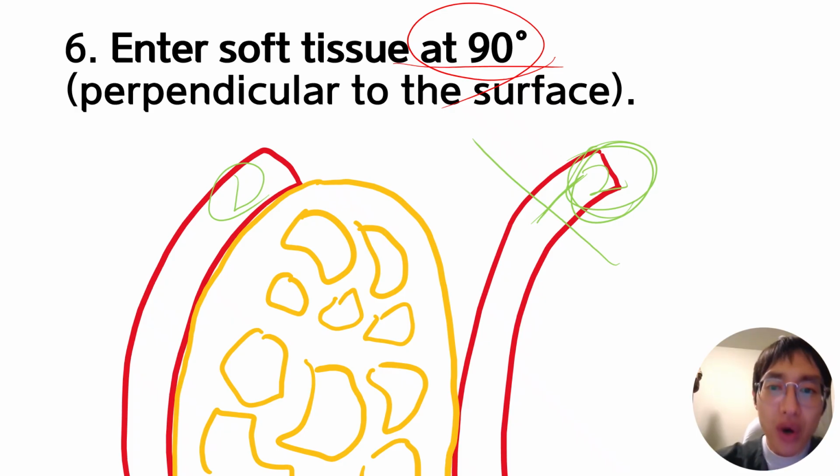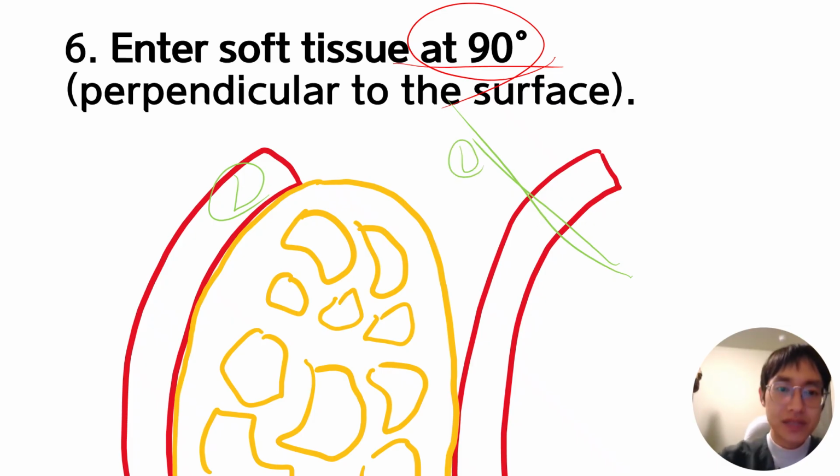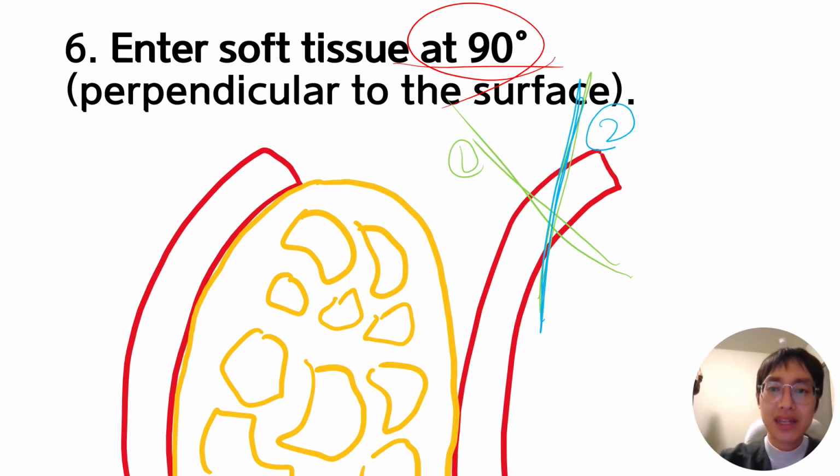So hold the mobile flappy tissue and perpendicularly, because if you compare these two needles, let's say the first needle is this and the second needle is going that way, let's pick it as blue. Okay, the second needle has more surface that is injured.